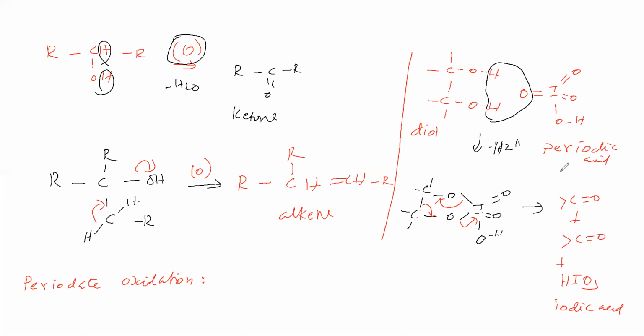Okay. Therefore, what does periodic acid do? The carbon-carbon bond will be broken if the neighboring carbons carry OH groups. That means a diol. If it is a vicinal diol, then the carbon-carbon sigma bond can be broken. Now we will take one compound, glycerol. So I will write the glycerol formula.